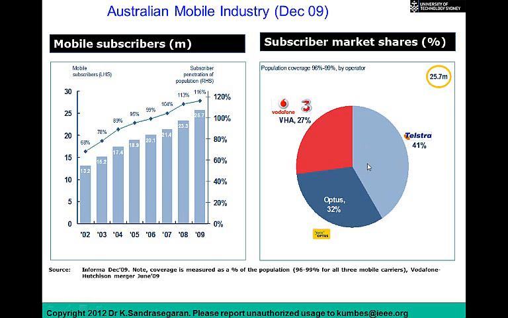Most of the subscriber market share in 2009 was between Telstra, Optus, and Vodafone, and very similar statistics would be observed even today. Telstra has a significant portion of the mobile subscriber market, followed by Optus and then Vodafone thereafter.